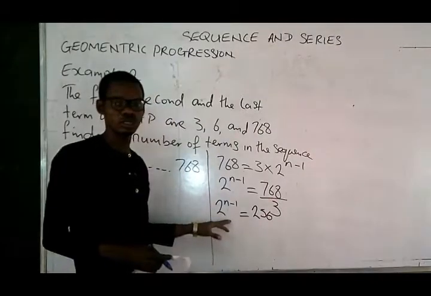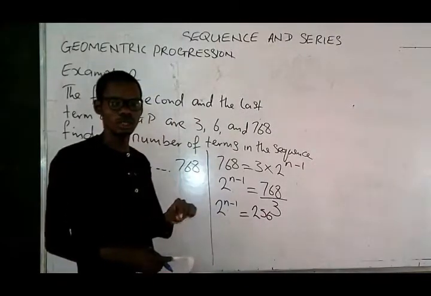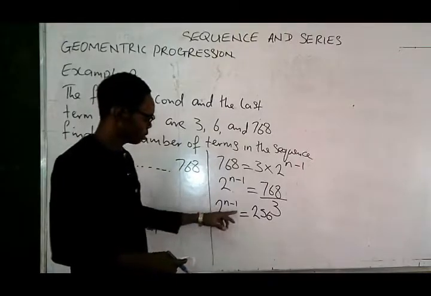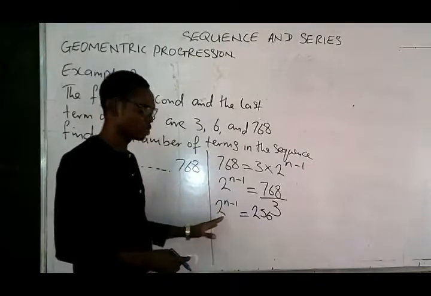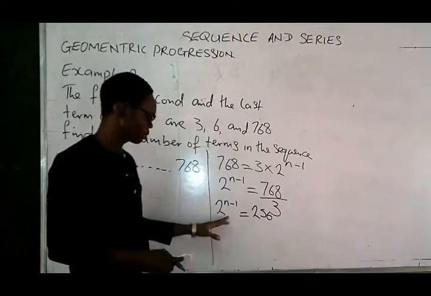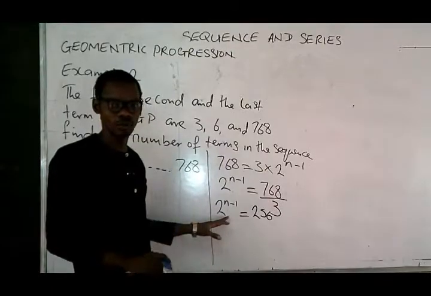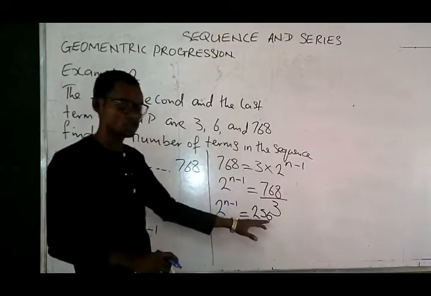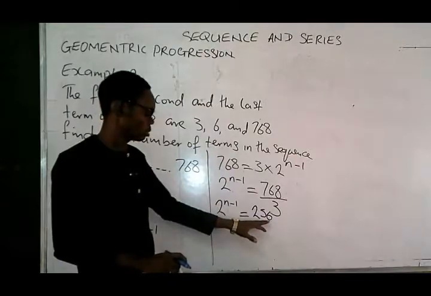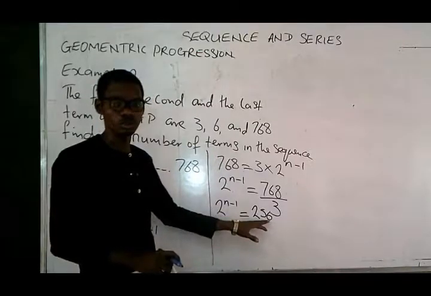Now, having done this, you discover that the left hand side of the equation is in index form, while the right hand side of the equation is in ordinary form.